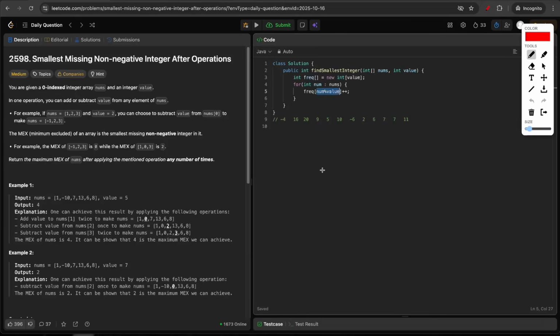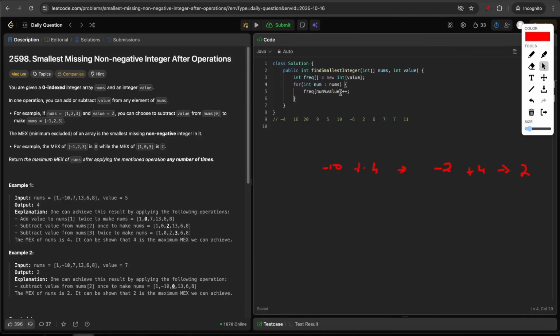suppose if we take minus 10 mod 4, this will give us minus 2. So to make this positive, all you need to add is the mod value to this minus 2. So this will make it positive, so it will become 2.